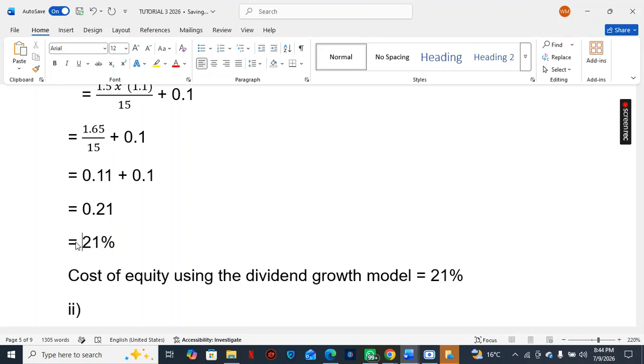This is the return that is going to make shareholders satisfied.